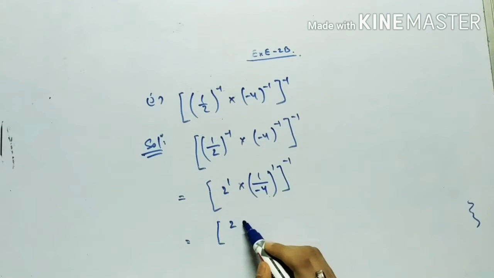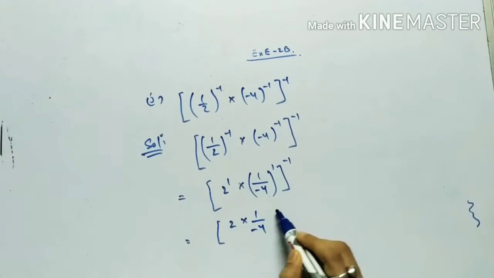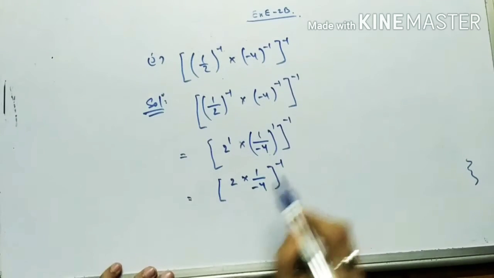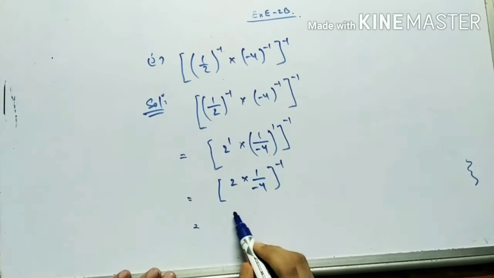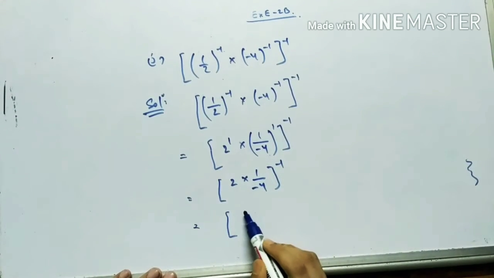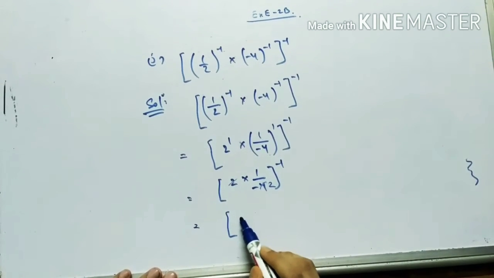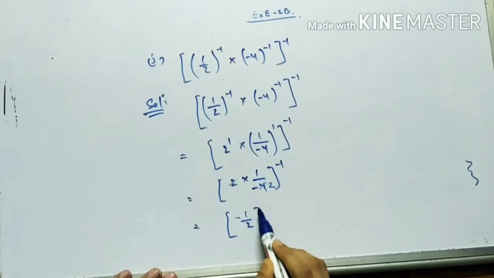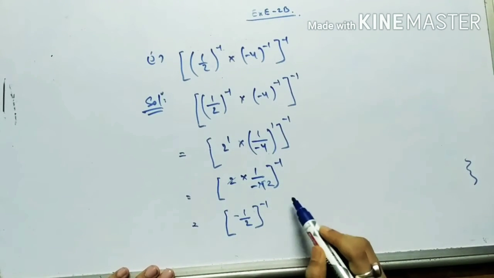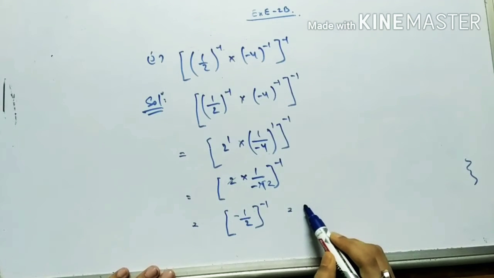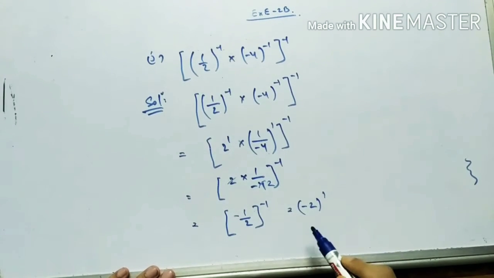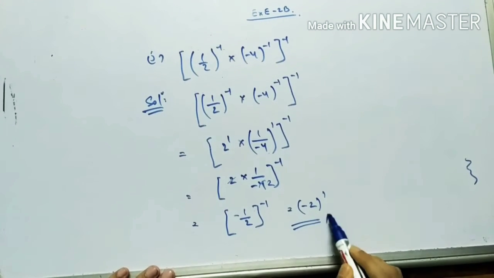So this one will become 2 into 1 by minus 4 to the whole power minus 1. So 2 fours are 8... so this is minus 1 by 2 to the whole power minus 1. So I can write it as minus 2 to the whole power 1. This is the answer.